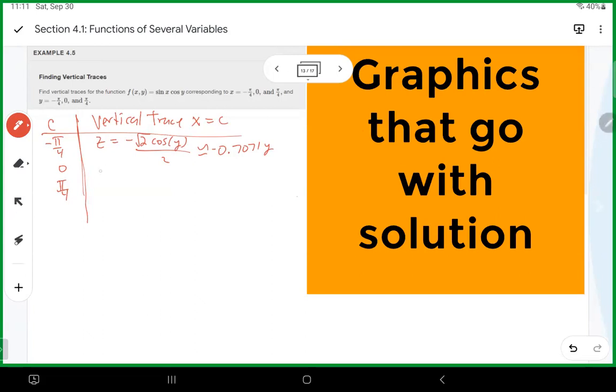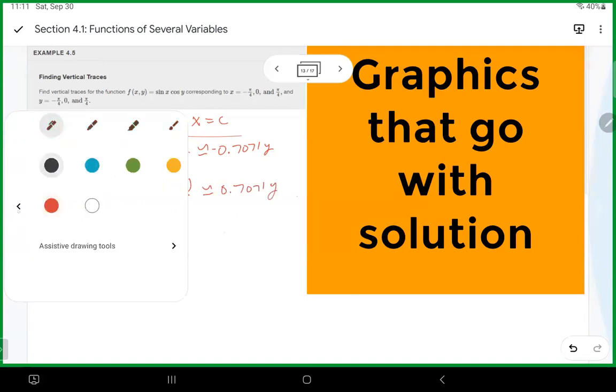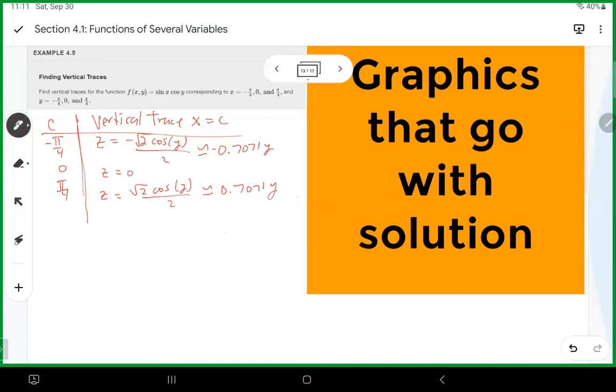We would have 0, which would give us z equal to 0. And then we would have the positive square root of 2 cosine y over 2, which would be 0.7071 cosine y. Okay, so that is for the x.